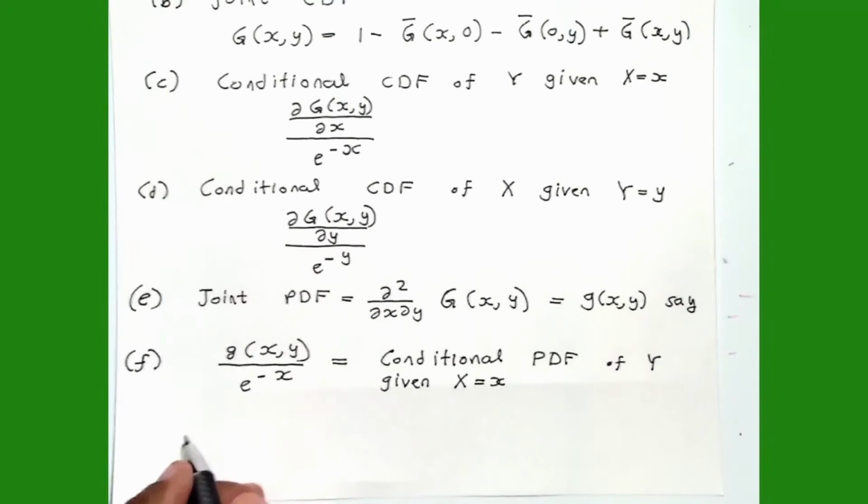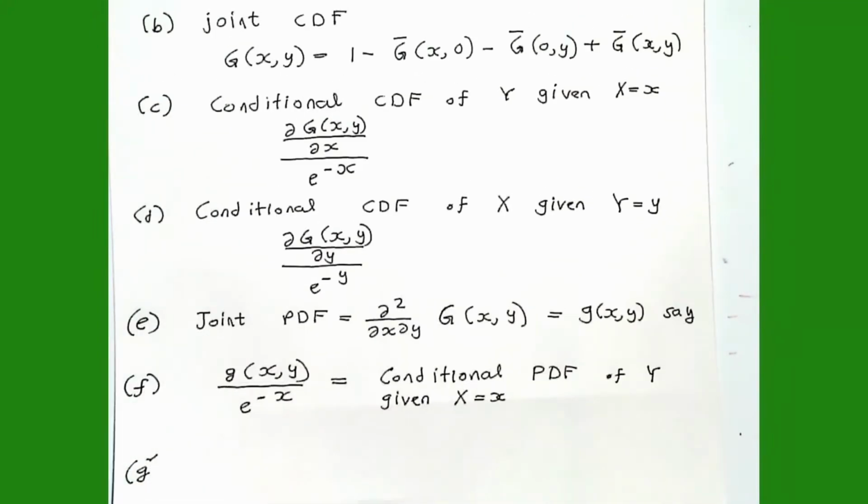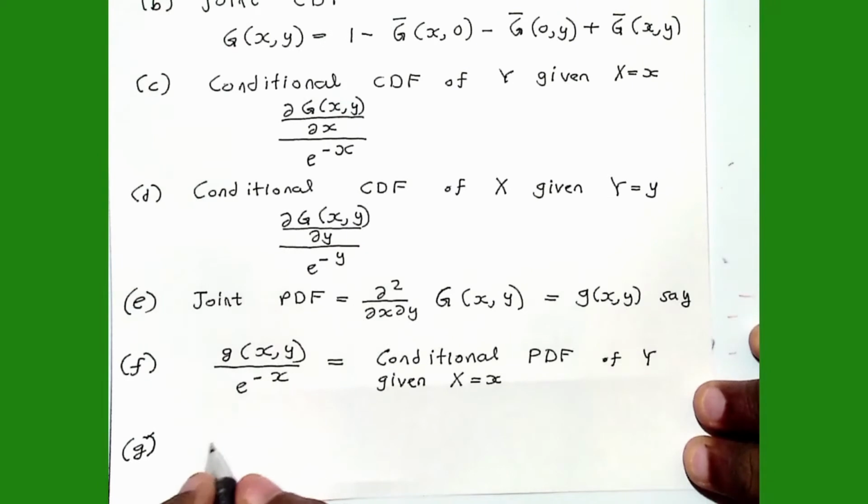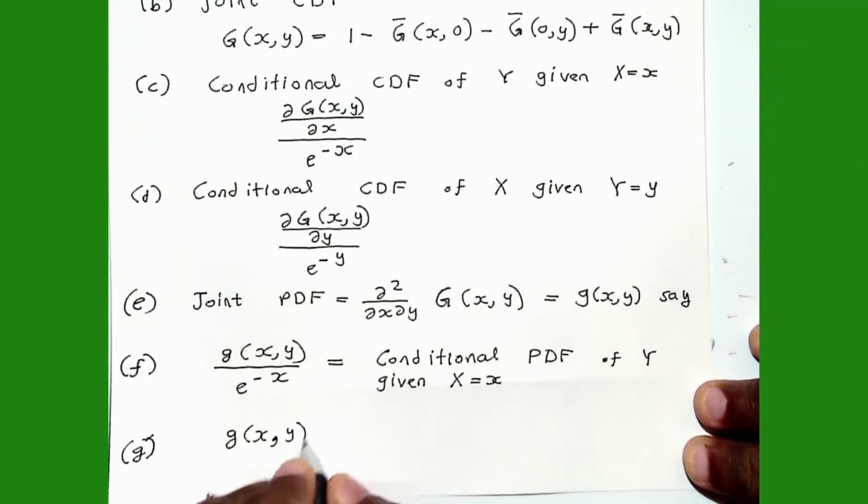And finally part G. To do part G, you will use this formula. So you will divide the joint PDF by e to the minus y.